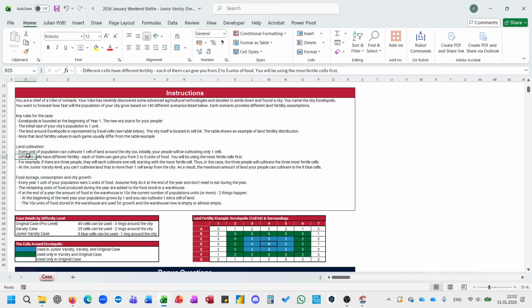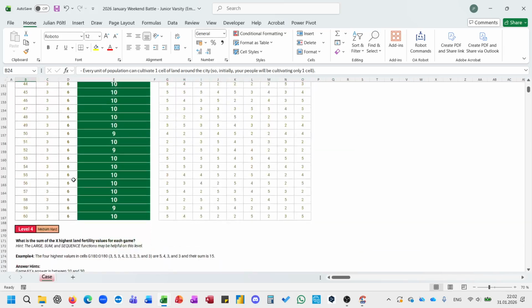Different cells are, every unit of population can cultivate 1 cell of land. Okay, makes sense.